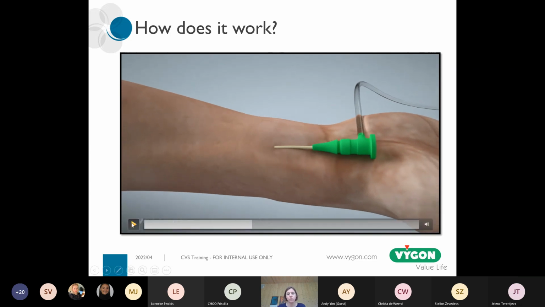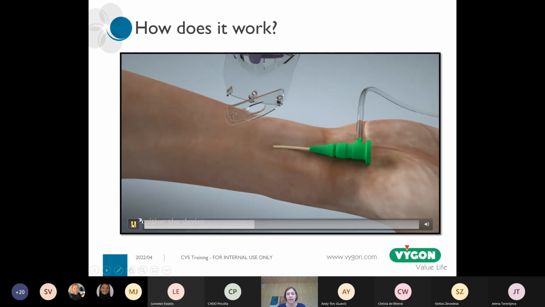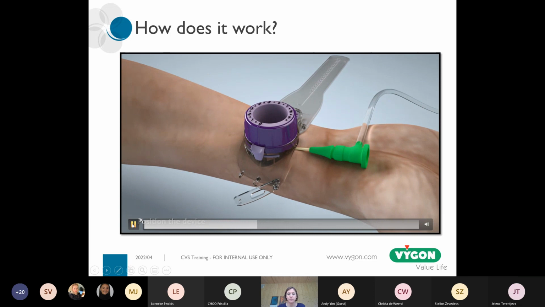Then you withdraw the introducer sheath 2 to 3 centimeters, and you position the device.